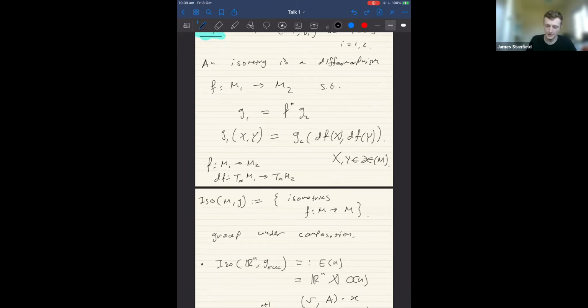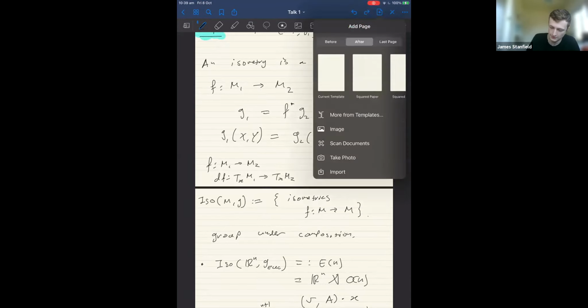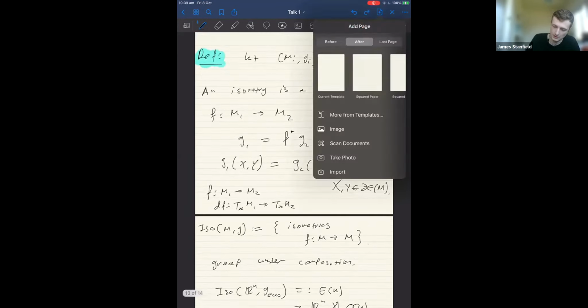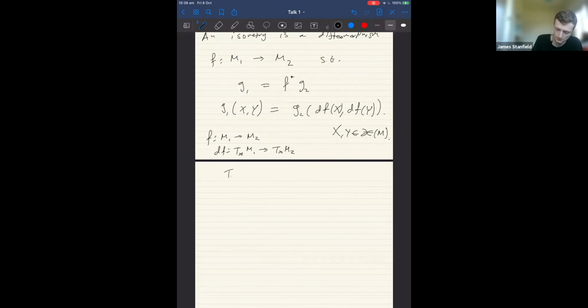And then it turns out that this identification, if I consider now these two vector spaces as Euclidean vector spaces, with the inner products G1 of X and G2 of F of X, then this is just linear algebra now.